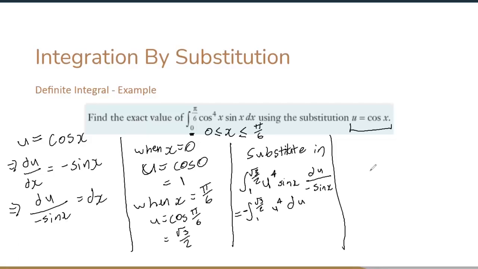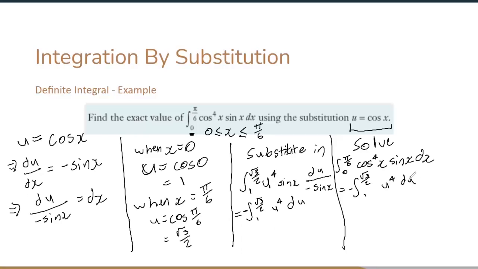And so now we just need to solve our integral. So that means that the integral from 0 to pi on 6 of cos to the 4 x sine x dx is just going to be equal to that integral we had from our substitution, 1 to root 3 on 2, u to the 4 du.